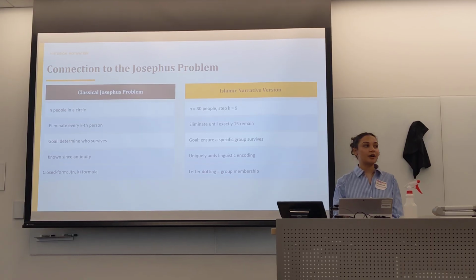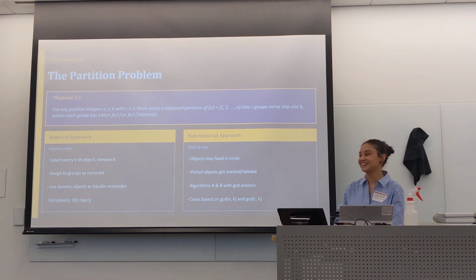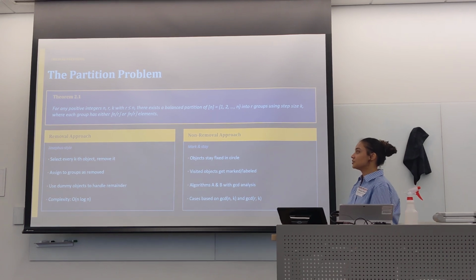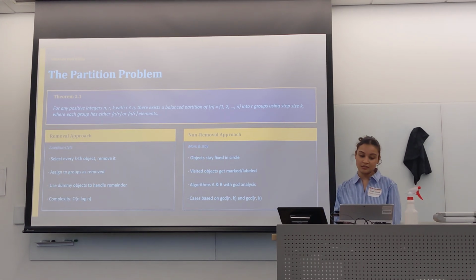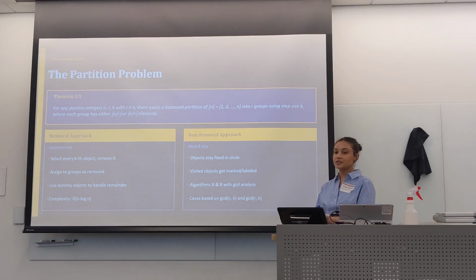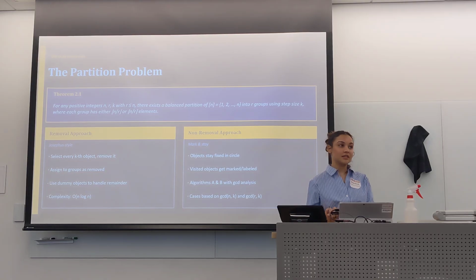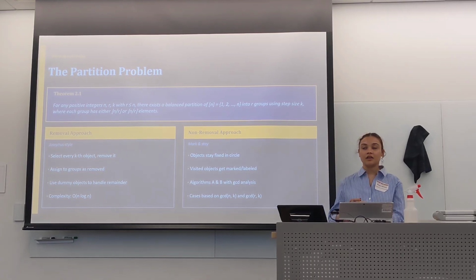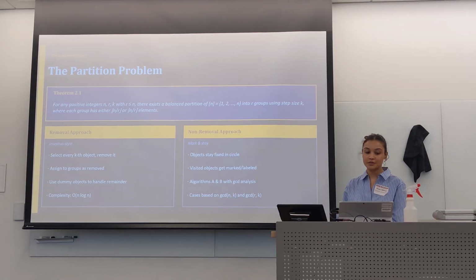This led us to think about partition problems. We figured that for any positive integers n, k, and r, such that r is less than n, there exists a balanced partition of n into r groups using step size k, where each group has either the floor or the ceiling of n over r elements.